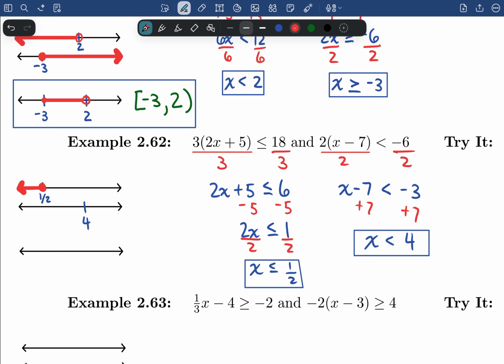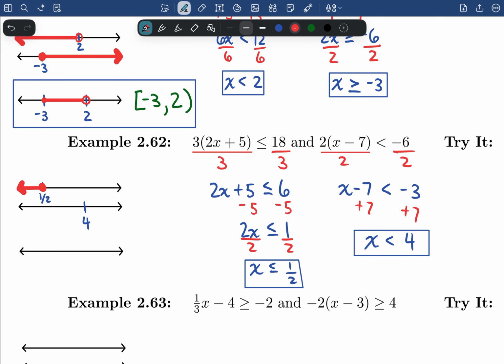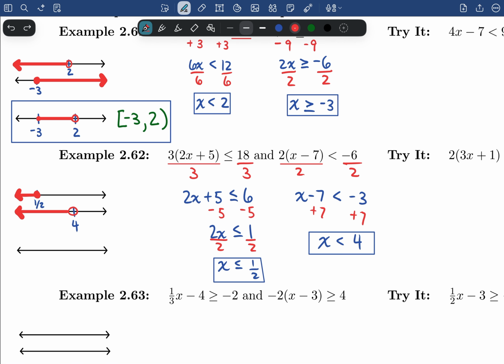Now, x is less than 4. That's the next thing I want to graph. And so I put an open dot at 4, and then I shade the region to the left. Great. And now, because the word and was between them, I want to see where these two shaded regions are overlapping.